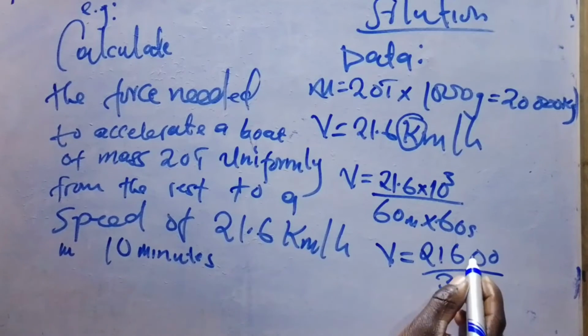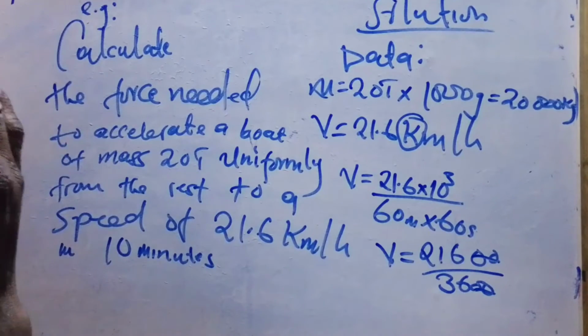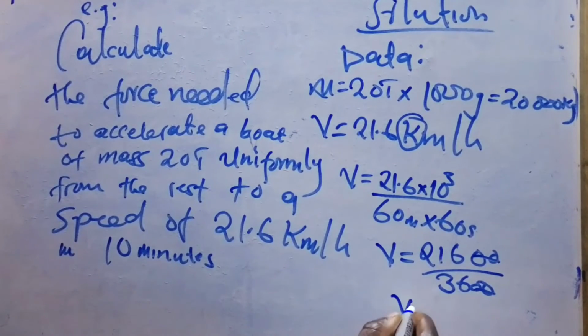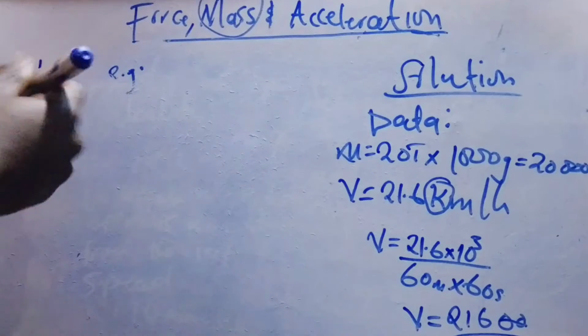Then you divide throughout by 3600, in which you are going to have velocity as 6 into 216. You are going to have 6 meters per second. So that's our velocity. Now find the force.